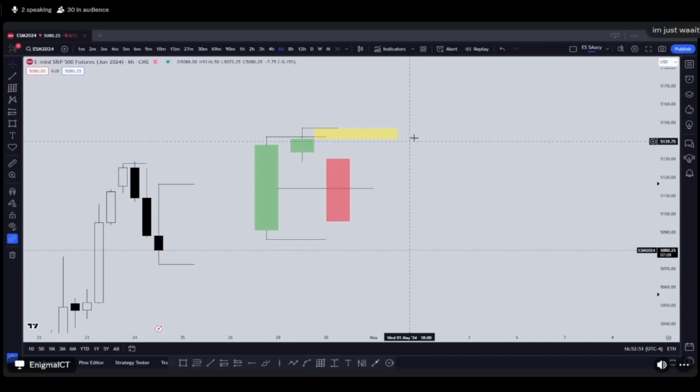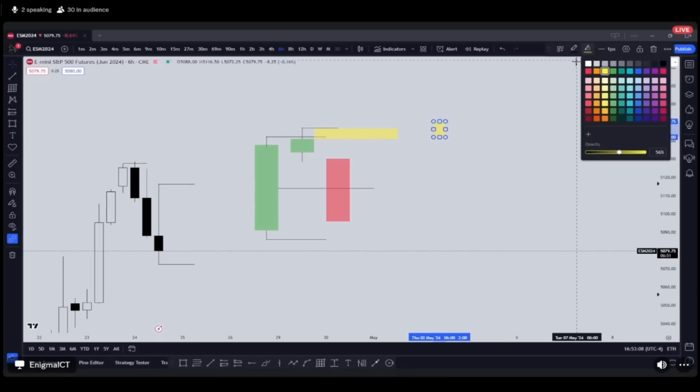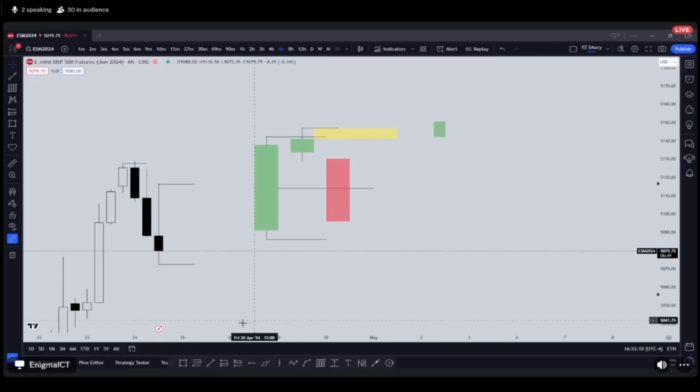What I want to see in this area is another ICR playing out. What does that mean? The same pattern to play out in this area as well. Create another range, and this range to get swept again.